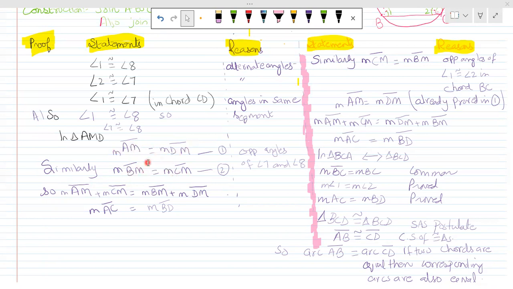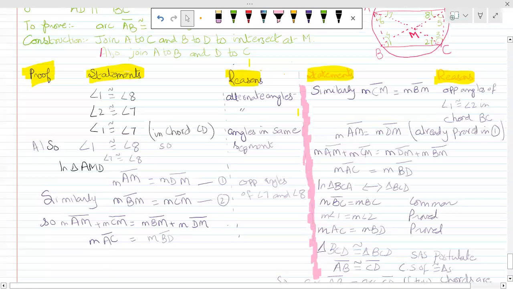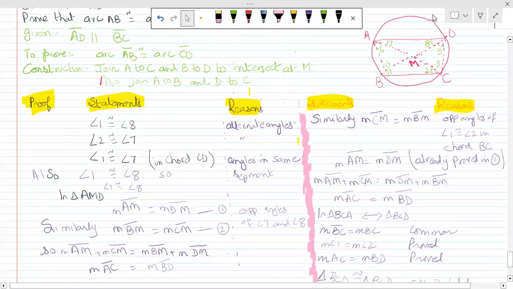Adding the two sides will result in the addition of the other two sides also. Now if we look at the diagram, AM plus CM is equal to AC, as you can see in the diagram. Let me show you. AM and CM, it is AC. And BM and DM, it is BD.